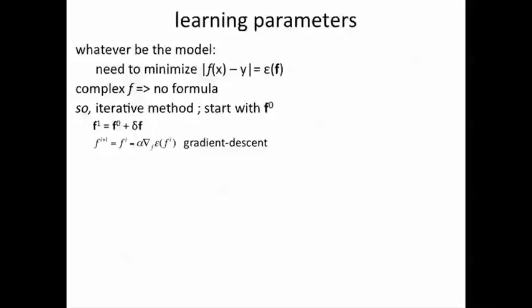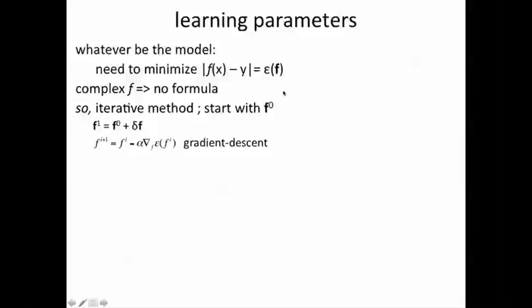This formula looks a bit daunting, so let me explain it in simple language. Epsilon of f is a function of the parameters of f, so one can measure how fast this function changes if one changes each component of f separately, which is nothing but taking the partial derivative of the function with respect to that component.